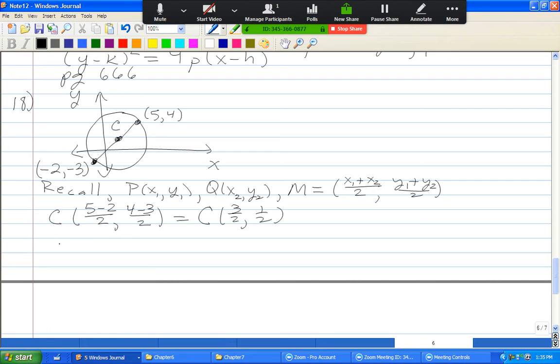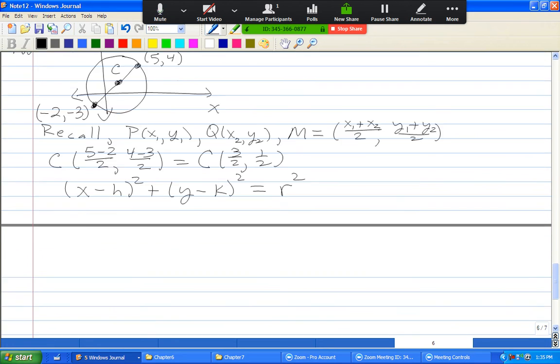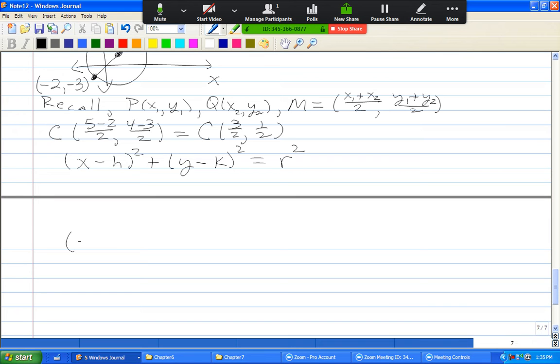Therefore, the equation of my circle is, well, x minus 3/2 squared plus y minus 1/2 squared equals r squared.